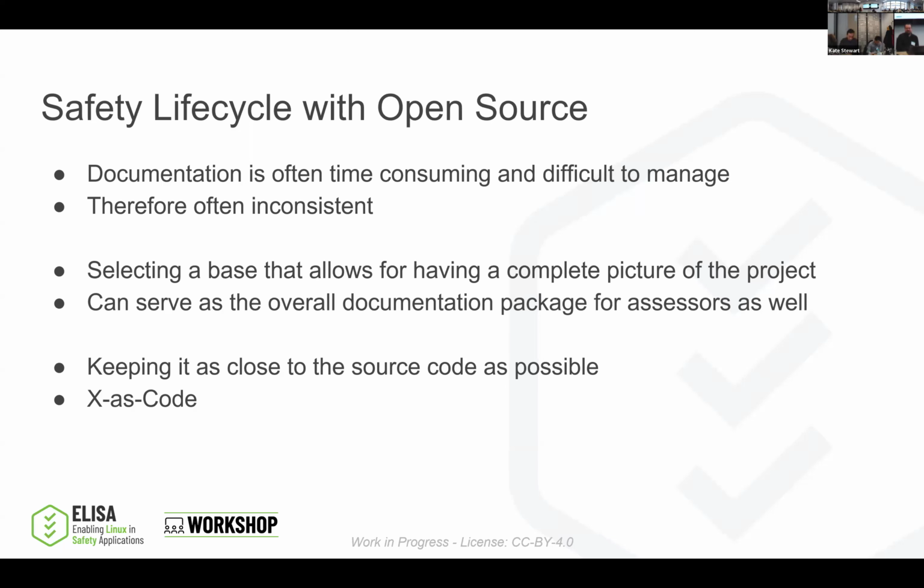So in the end, we have docs as code, requirements as code. Now we are at X as code, because everything should be code in the end. Regardless of which industry you're looking at, everything should be defined in code. We want to have the same here as well to make things better manageable. We also avoid the topic of vendor lock-in. This is just plain text information in the repo. Yes, it's a specific format for Sphinx, but the information is still there.